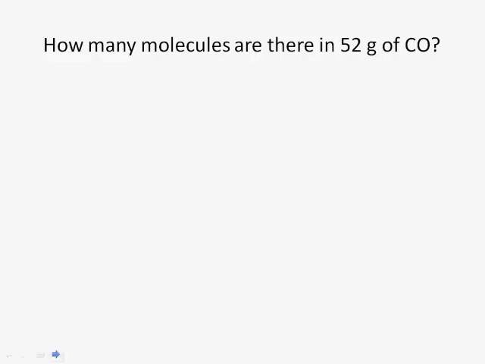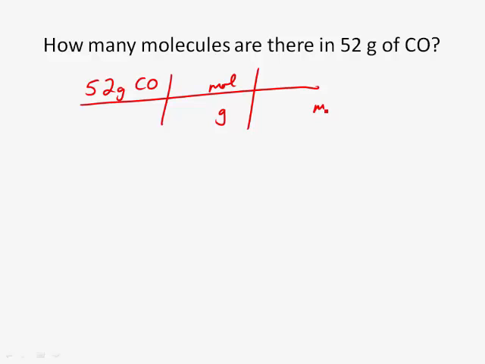Okay, so now we're going from number of molecules to grams. So we know we're going to have 2 steps, 52 grams of CO. I want to go grams to moles, then moles to molecules. Again, carbon and oxygen: 12.011 and 1 oxygen.